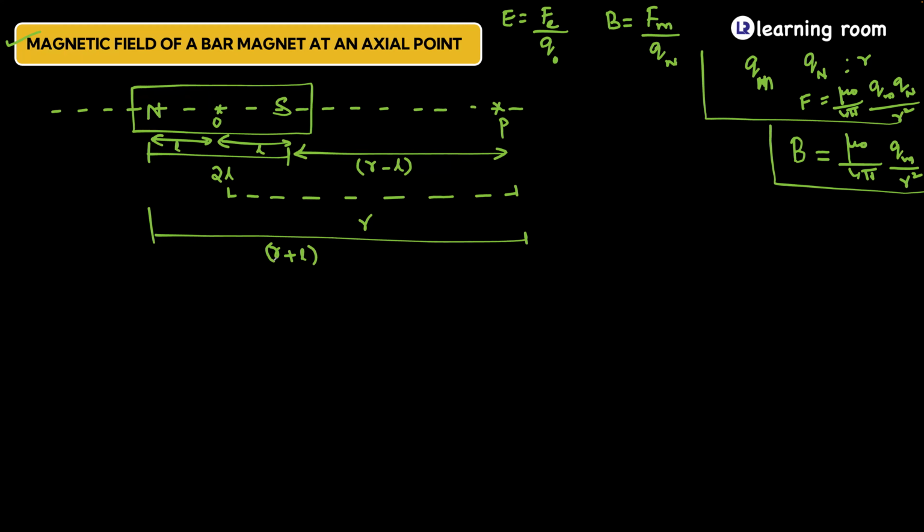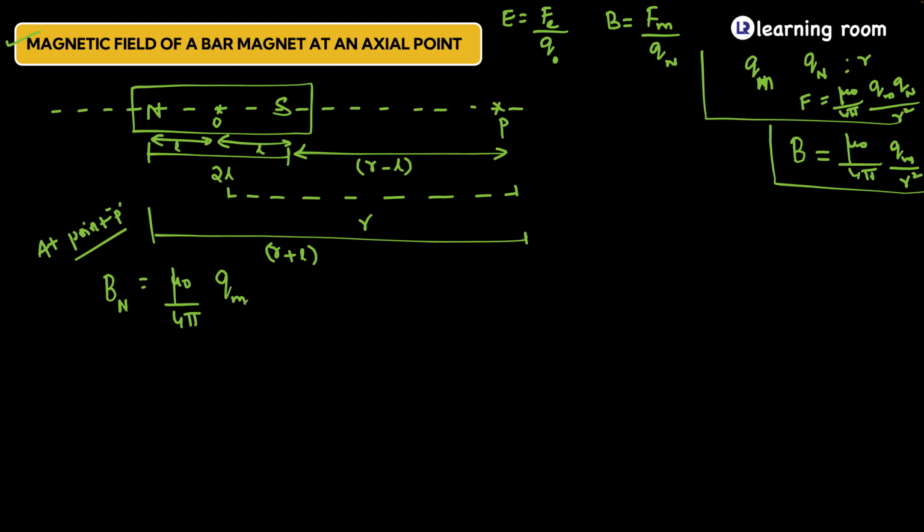Same logic. So what is going to be the magnetic field that is generated due to the North Pole at point P? It is going to be mu naught divided by 4 pi into Qm. So magnetic pole strength of both will be the same.